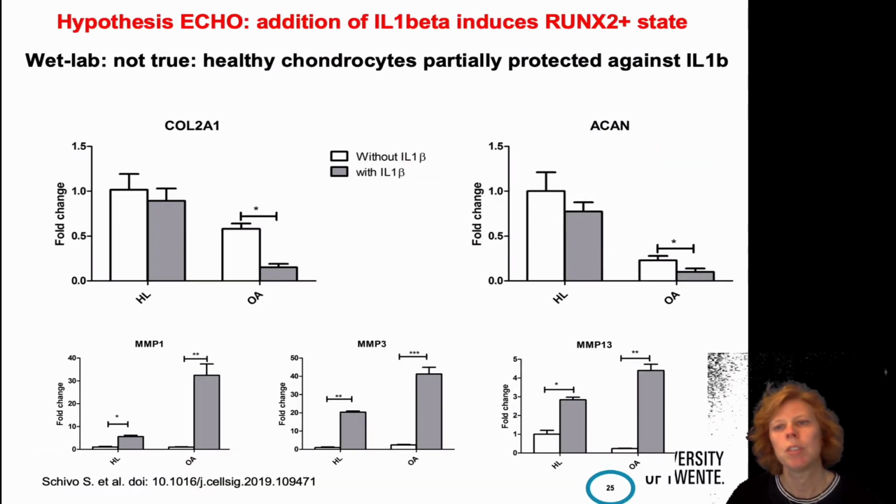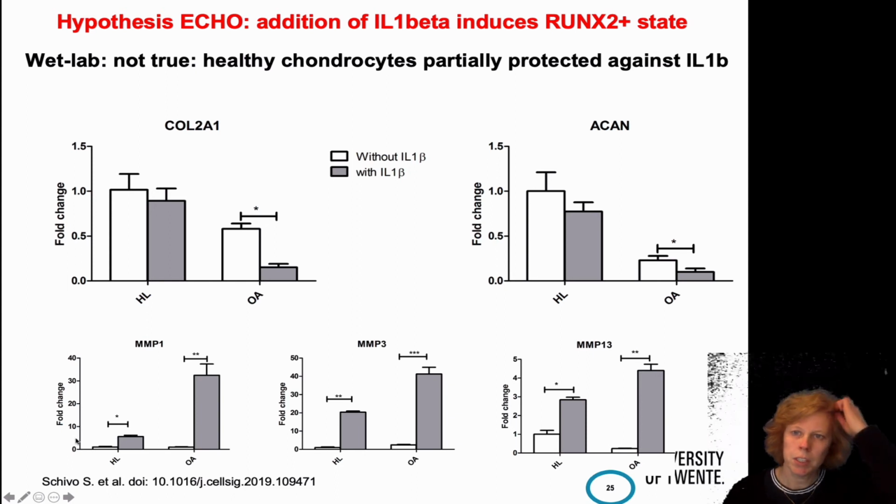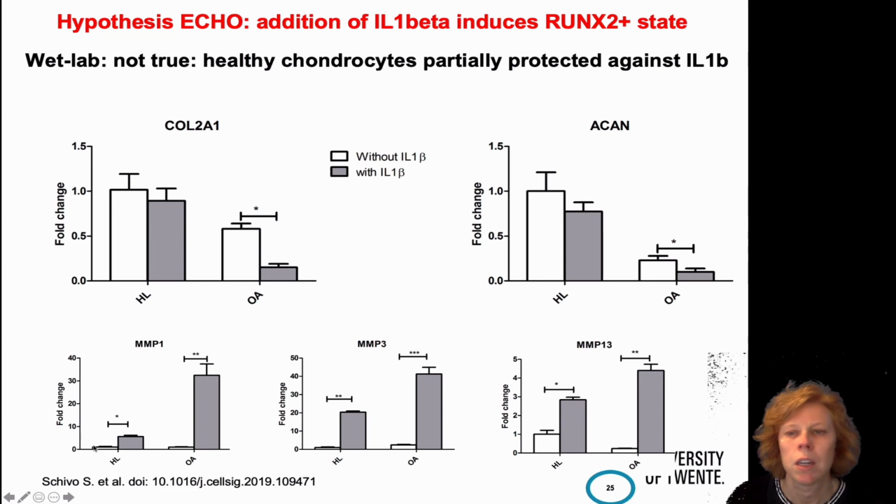However, when we look at downstream effects using qPCR, we observe that healthy-looking chondrocytes showed no significant loss of collagen II and aggrecan, while in osteoarthritic cells there's a significant downregulation of these genes. However, we did observe a significant increase in catabolic gene expression for MMP1, MMP3, and MMP13.